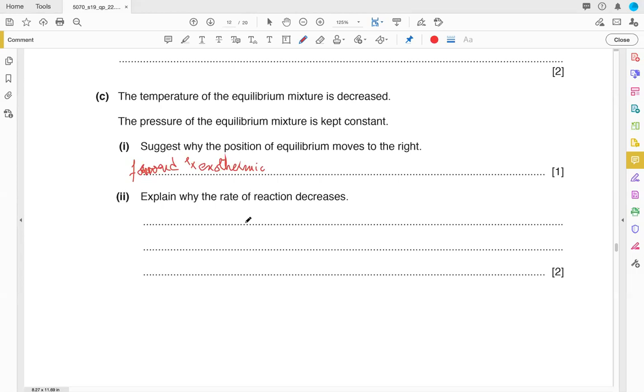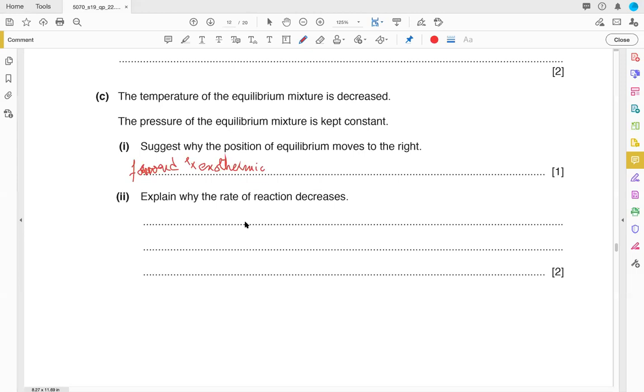Okay, so when you decrease the temperature, it doesn't have anything to do with the equilibrium, by the way. When you decrease the temperature, you have basically reduced the kinetic energy. The average kinetic energy of particles is directly related to the temperature. So if you decrease the temperature, the average kinetic energy will also go down. And now particles move slower. They collide slower per unit time, or there are less frequent collisions per unit time.